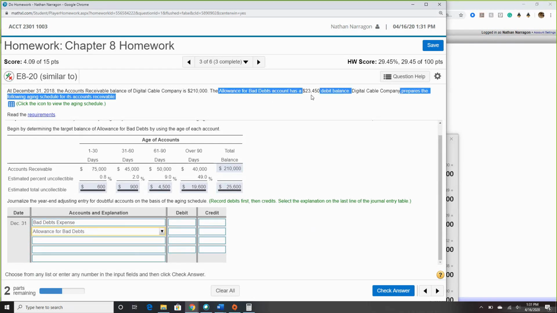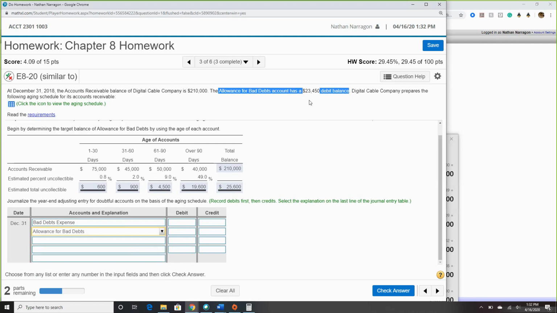It says that it currently shows a debit balance, 23,450. So if it's a debit balance, what am I going to do to the two numbers to find the adjustment? Should I add or should I subtract? Good job.